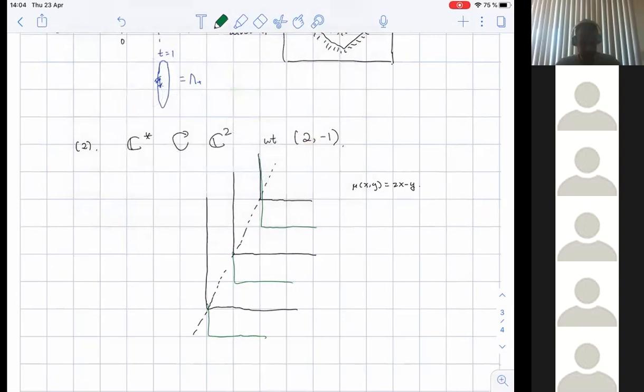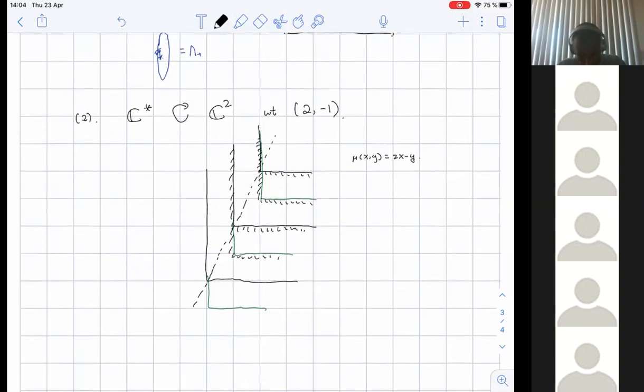So I will now decorate these things with hairs. So if you wrap it up along this direction, you end up with something on the cylinder that looks like the following.